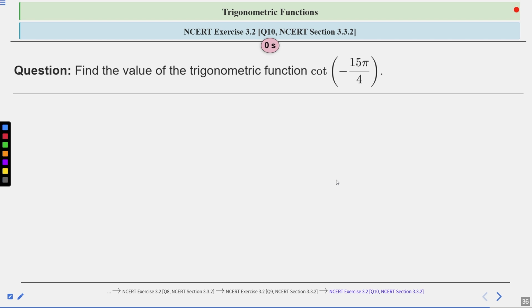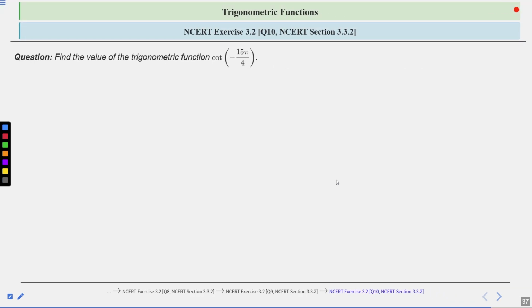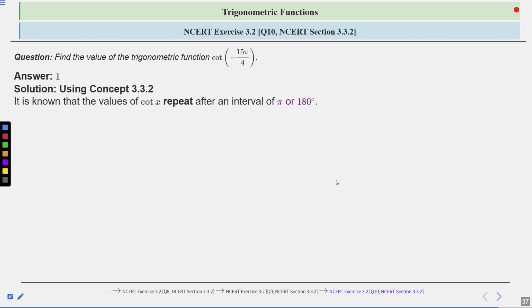Okay, let's move to the solution part. Find the value of trigonometric function cot of minus 15 pi by 4, right? So the correct answer will be 1. It is known that the values of cot x repeat after an interval of pi or 180 degree, right?